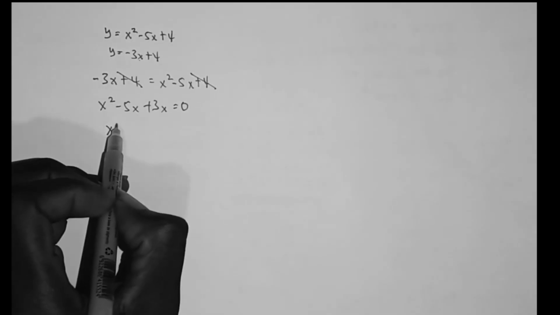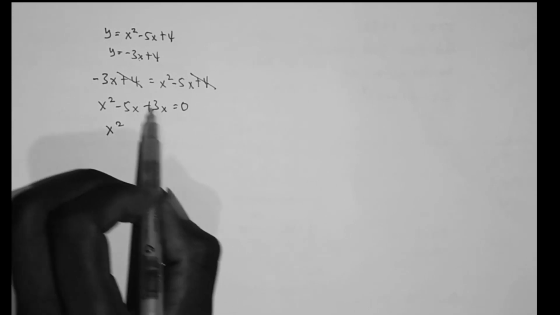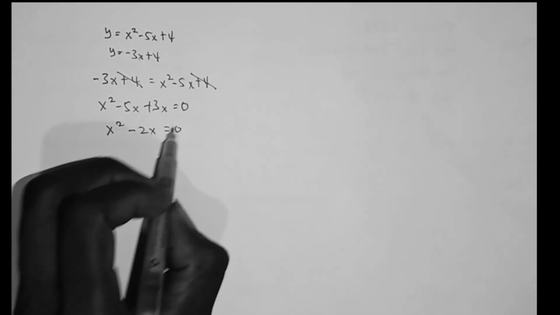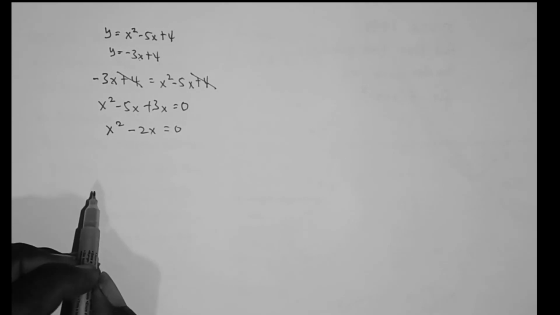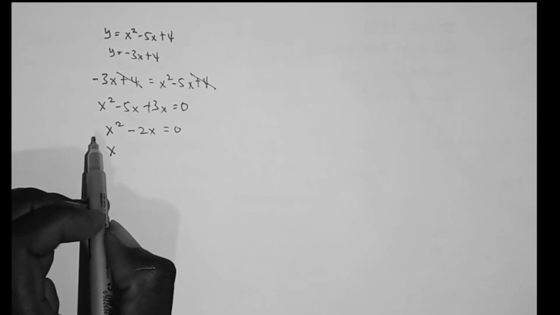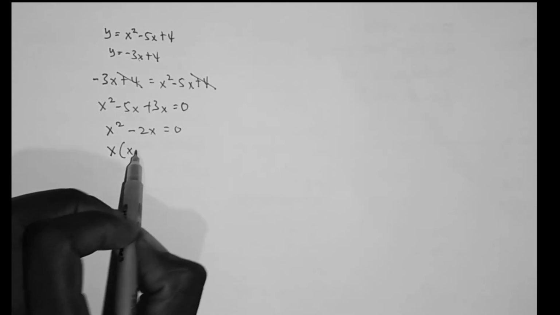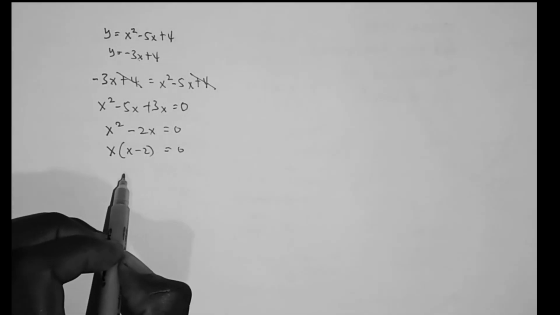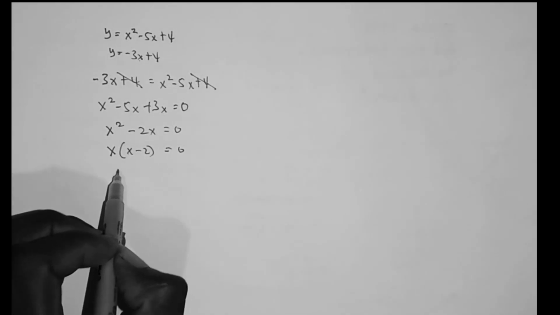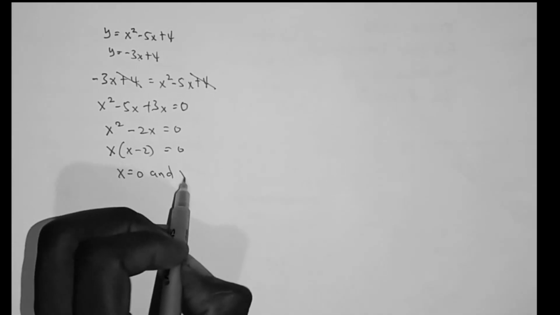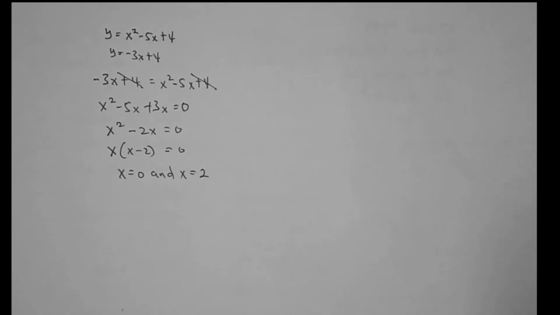X squared minus 2x is equal to 0. So we can factorize 2x out. So x into bracket x minus 2 is equal to 0. Therefore, the values of x are x is equal to 0 and x is equal to 2.